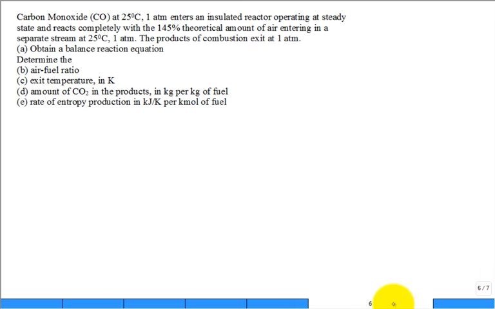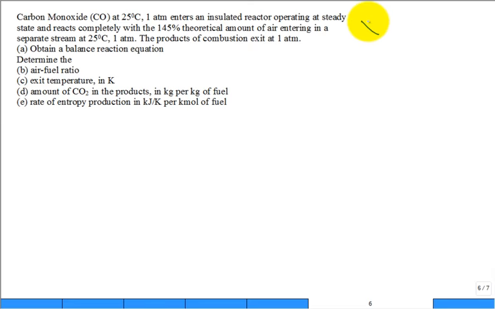So we have gaseous carbon monoxide at 25 C, 1 atm enters an insulated reactor operating at steady state and reacts completely with 145% theoretical amount of air entering in a separate stream at 25 C and 1 atm. So you have two streams coming in. That's important.